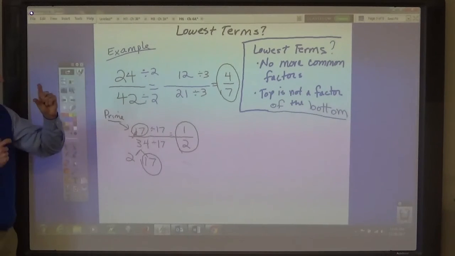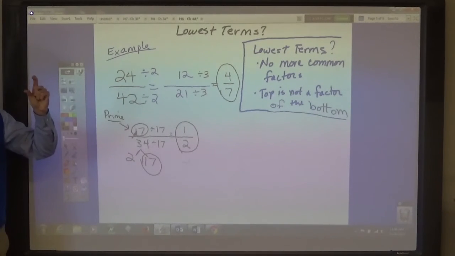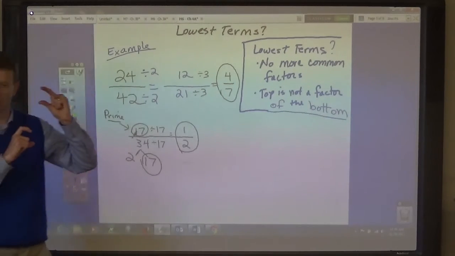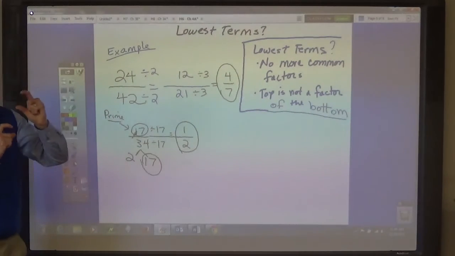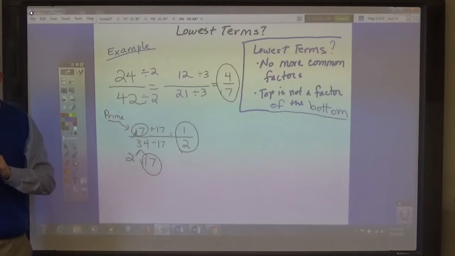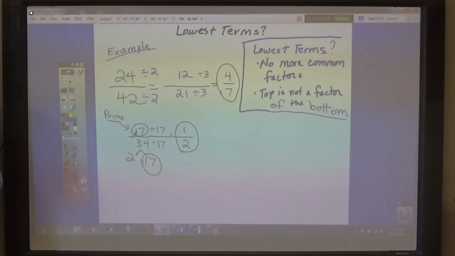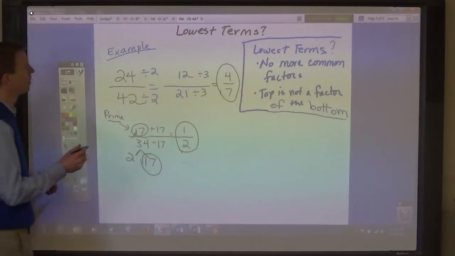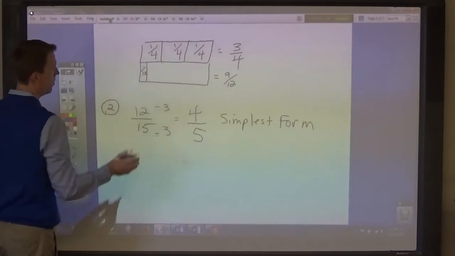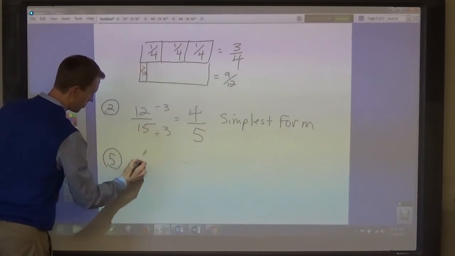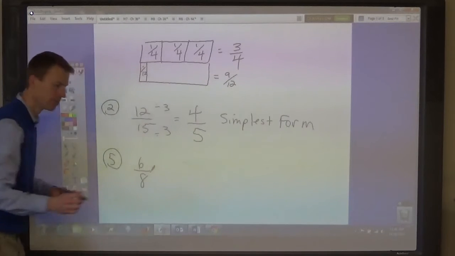Whenever the top number and the bottom number, whenever the numerator and denominator have a common factor, then divide them by that common factor. Okay? So, let's see. For example, number 5. 6/8.